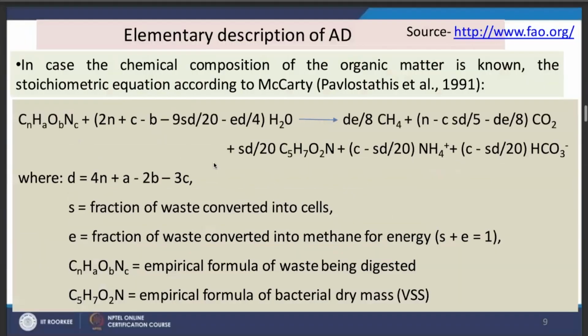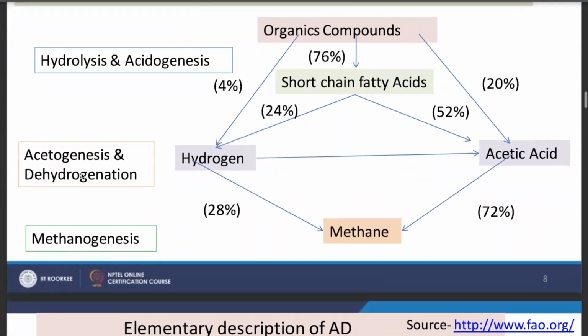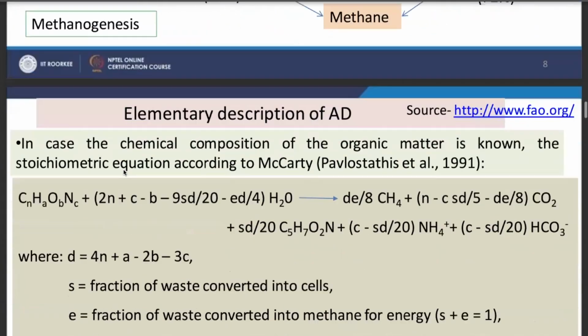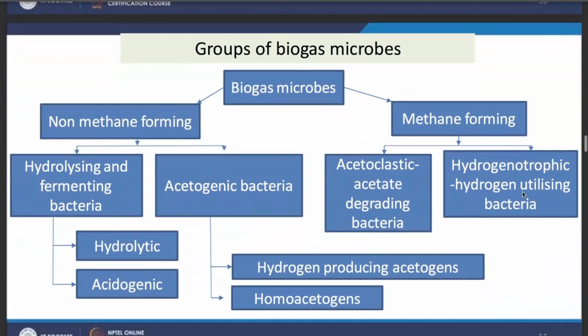So here we have two stages, right? For this stage, non-methane producing bacteria will be used. In this stage, methane producing bacteria will be used. In the non-methane producing stage, we will use the types of bacteria which are hydrolyzing and acetogenic. While in the methane forming stage, we will use these two types of microbes, which are acetoclastic or hydrogenotrophic.